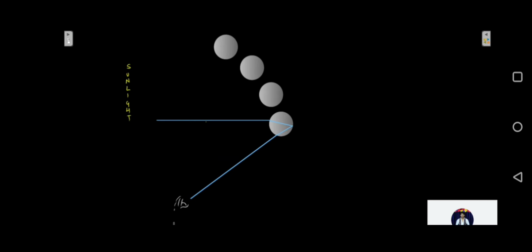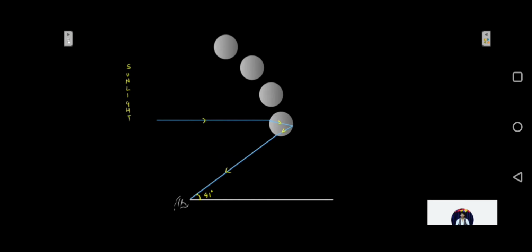So this ray reached over here, making an angle of, let's draw a horizontal line. For a primary rainbow, we know that the angle made by the violet light is 41 degrees. So this is 41 degrees made over here. Let's mark the arrows.